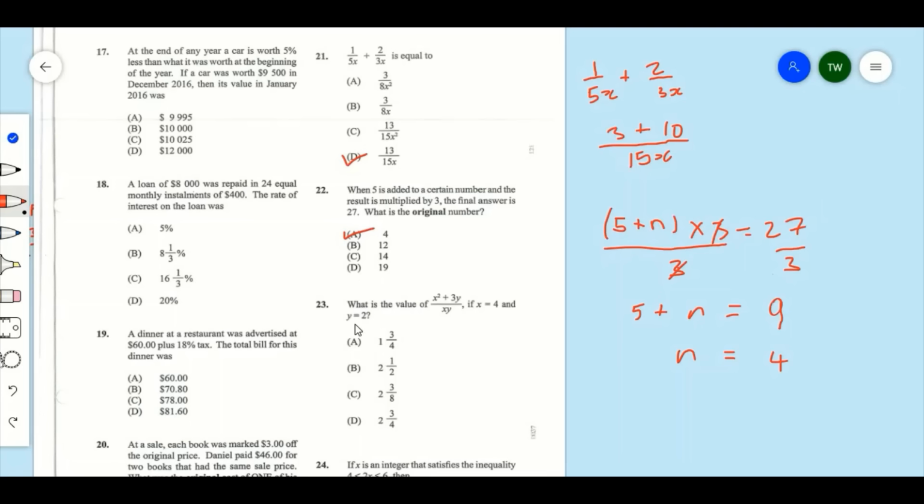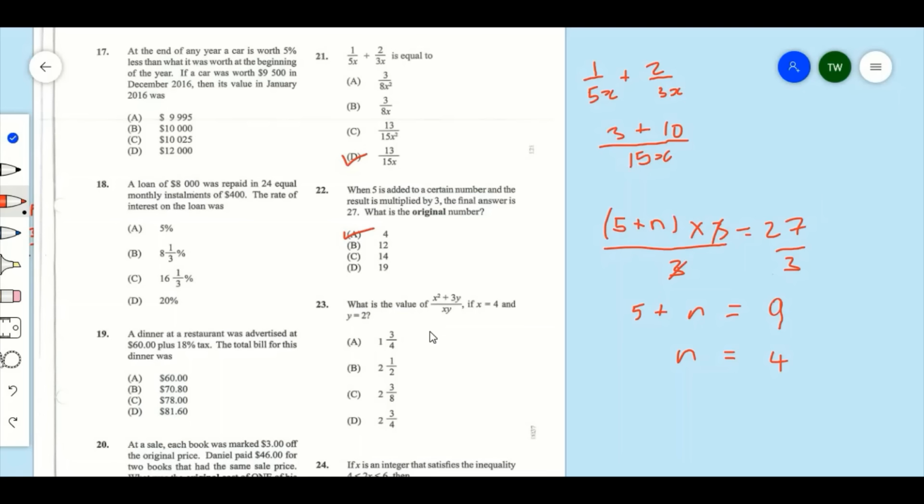Now to question 23. What is the value of x squared plus 3y all divided by xy if x is equal to 4 and y is equal to 2? Wherever you see x, you're going to put 4. And wherever you see y, you're going to put 2.